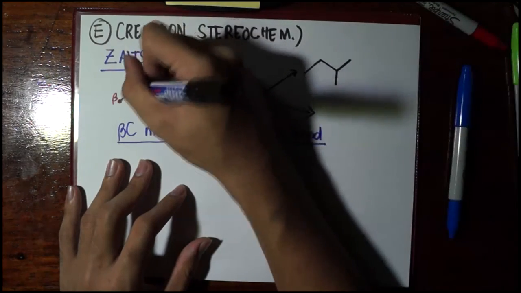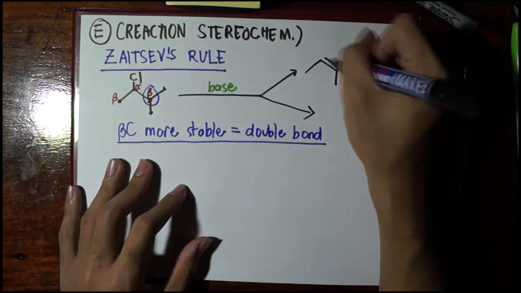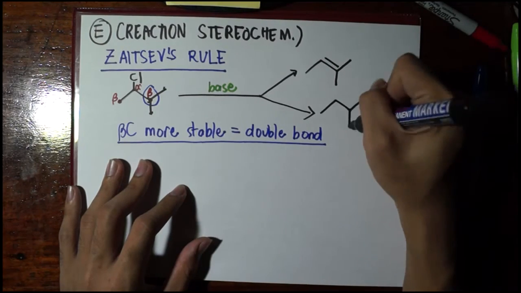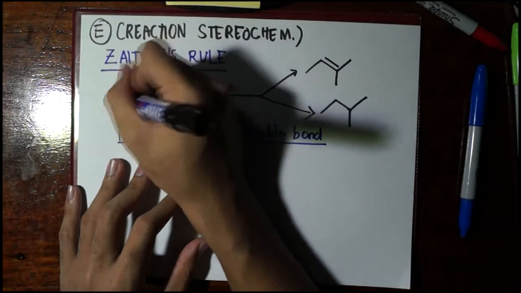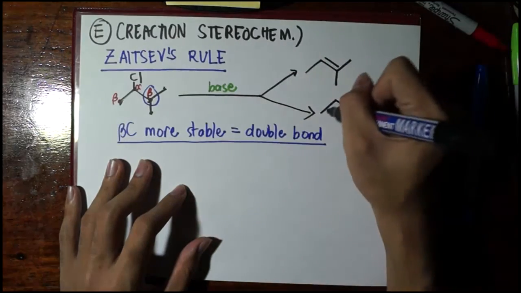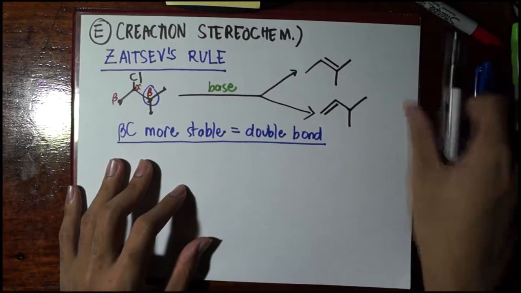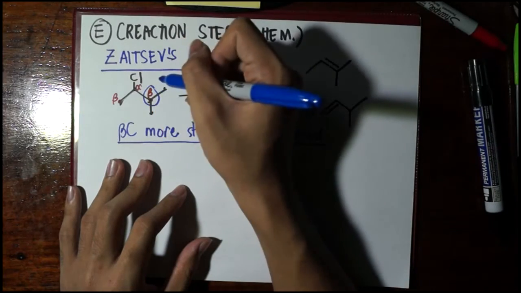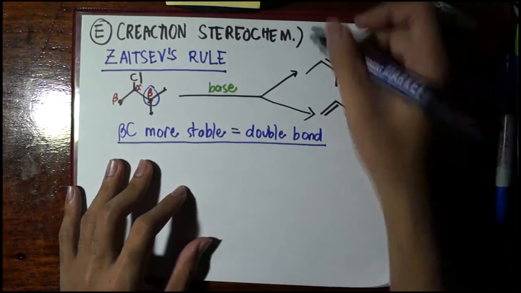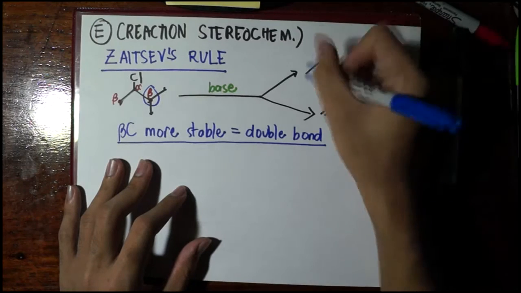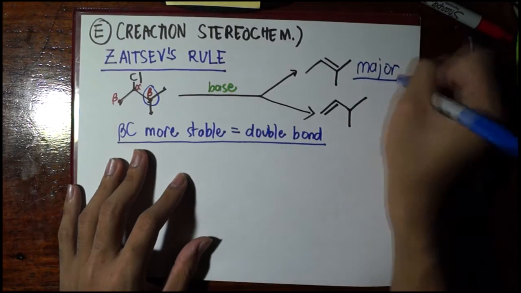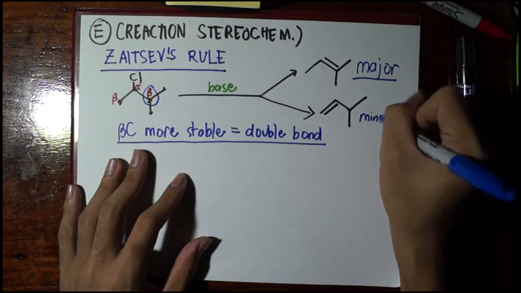If the bond will be between this one and this one, we have this product, and the other product will definitely have the double bond between these two carbons. Since this is the one that would be preferred by the base, this will be the major product, and this would be the minor product.